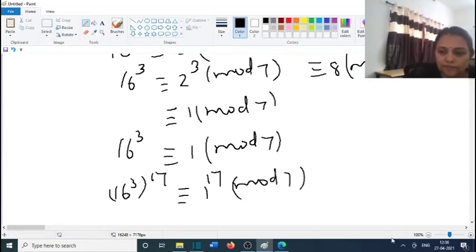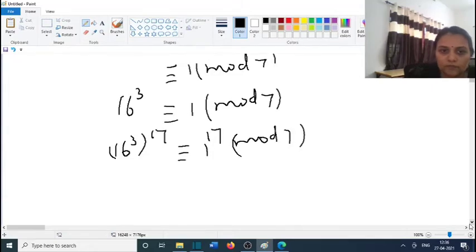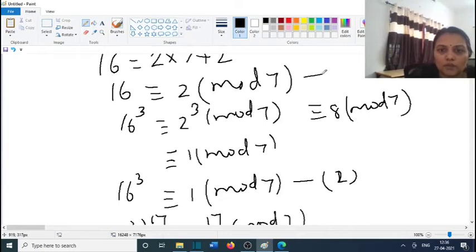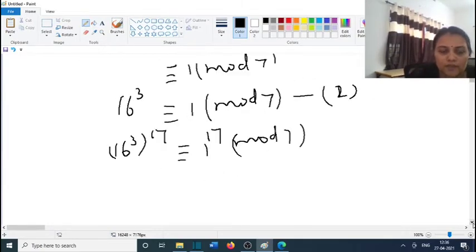That is, 16 raised to 51 is congruent to 1 mod 7.